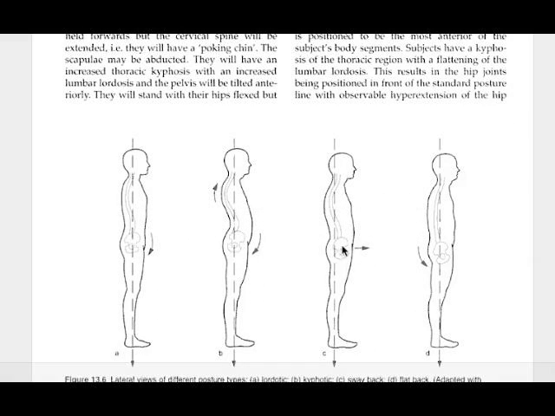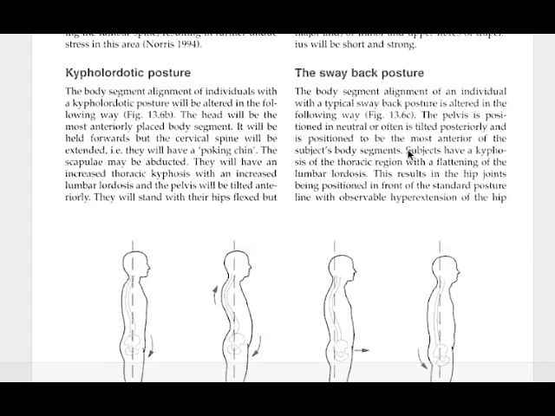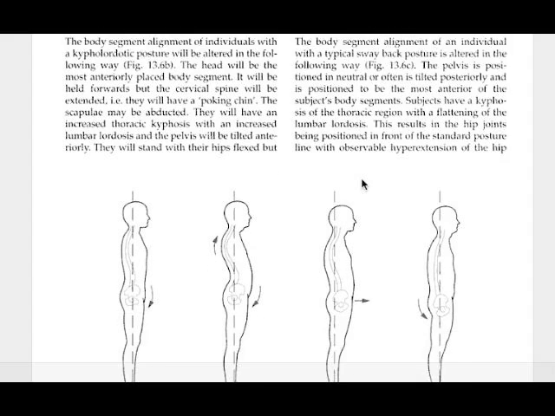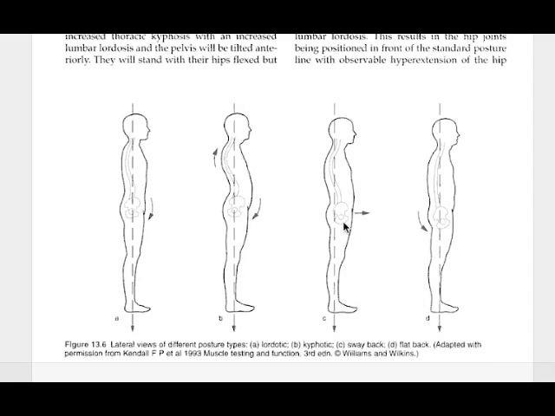To move on, subjects have a kyphosis of the thoracic region with a flattening of the lumbar lordosis. So what that's saying is they have a flattening of the lumbar spine here, and they have a little bit more of an excessive rounding of the thoracic spine here.